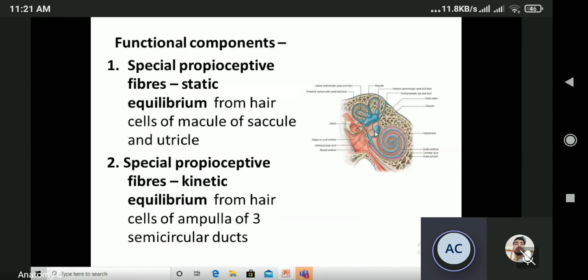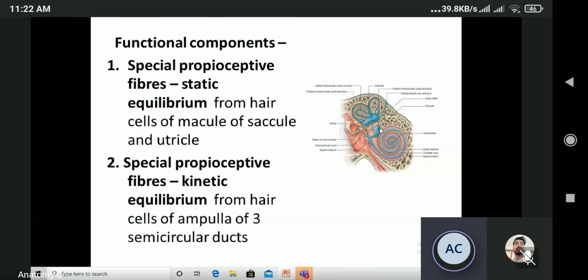Now, the functional component of the vestibular nerve that is for the static equilibrium: the receptors lie in the hair cells of the saccule and utricle. And the special proprioceptive fibers for the kinetic equilibrium are concerned with the movement of the head and the body.